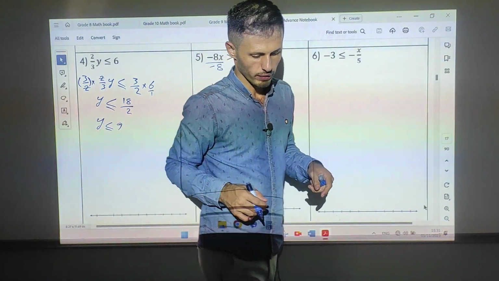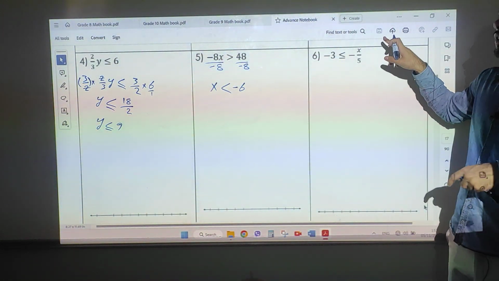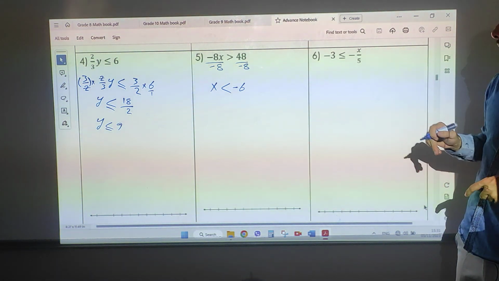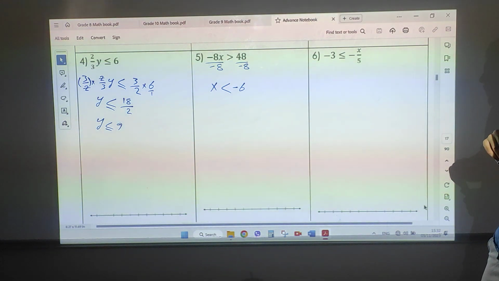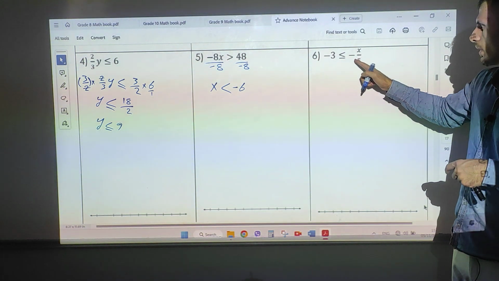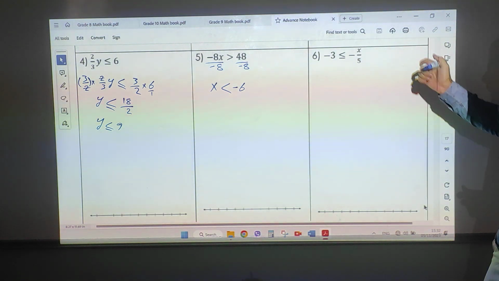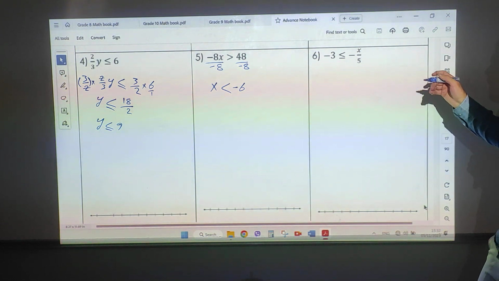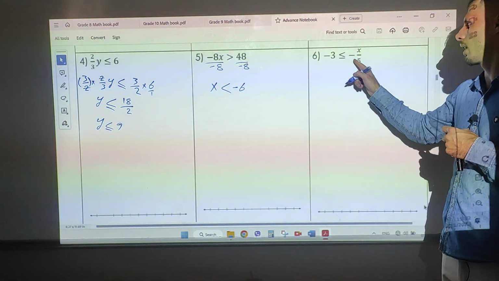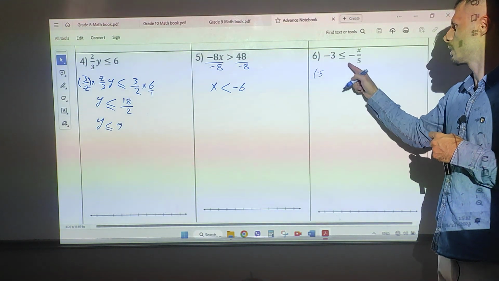The last one: whenever we have a variable over a number, the letter over a number, we will multiply that number by both sides. This negative is with it. Whenever it's negative, you must multiply by the negative of that number. When it's positive, you will multiply by the positive of that number. So in this case, it's negative 5. We deal with it as negative 5 because this side is negative.